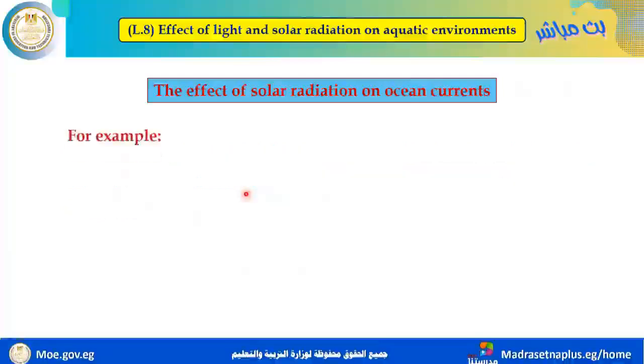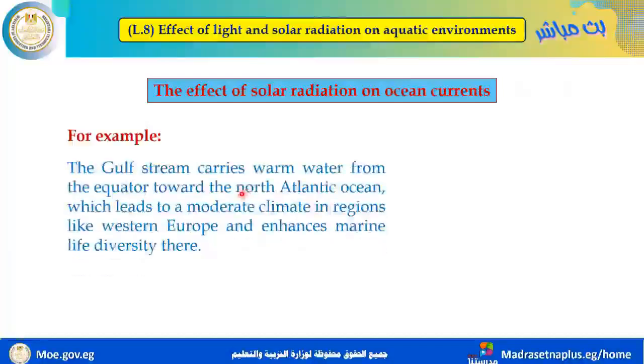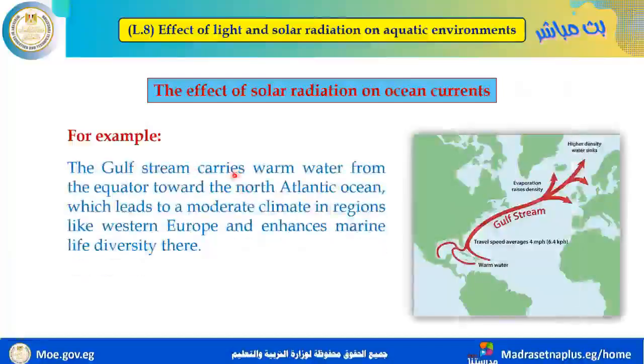Look at this and let's follow the example. The Gulf Stream carries warm water. Okay, this is the Gulf Stream, which carries the warm water from where? Yes, from the equatorial region toward the North Atlantic Ocean, which leads to a moderate climate in regions like Western Europe and enhances marine life diversity there.